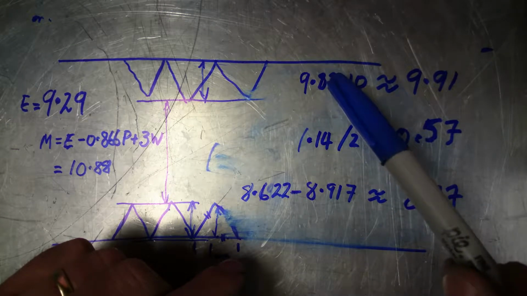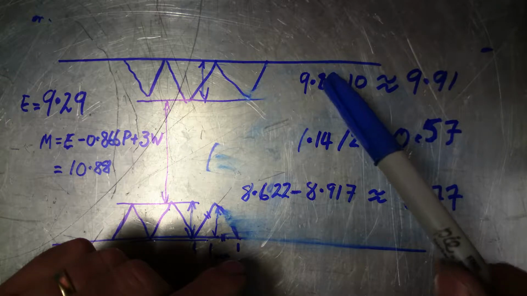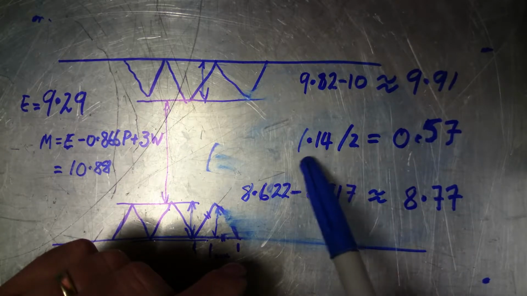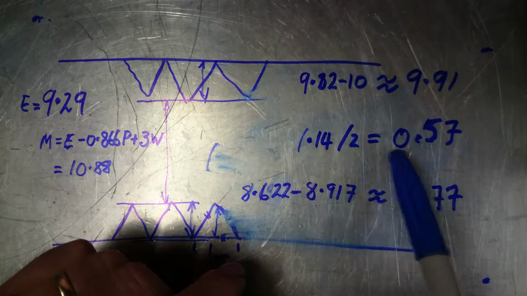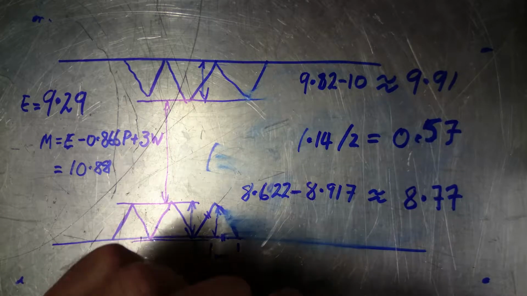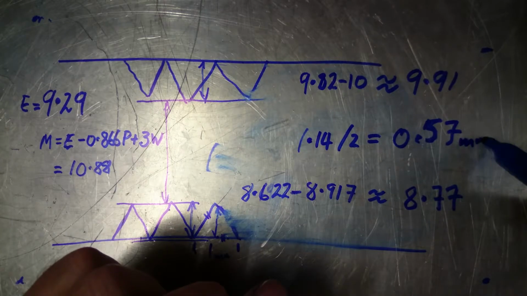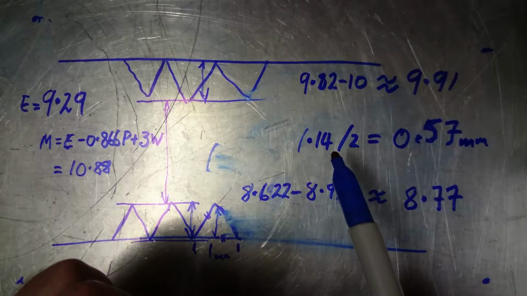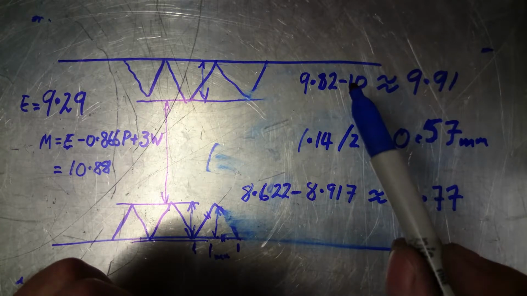So the difference between the average major diameter and the average minor diameter is 1.14 millimeters, and if you divide that by 2, it gives you 0.57 millimeters, which is the single side depth that you have to cut the thread to get to the specification.